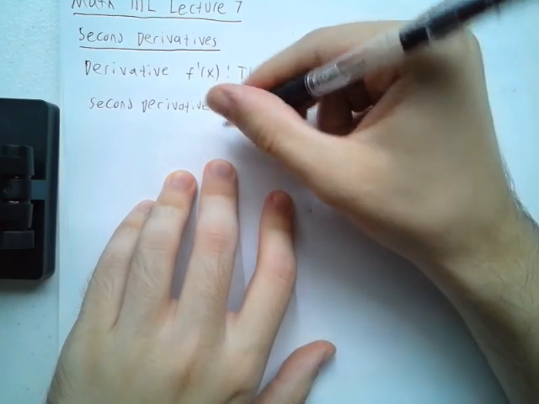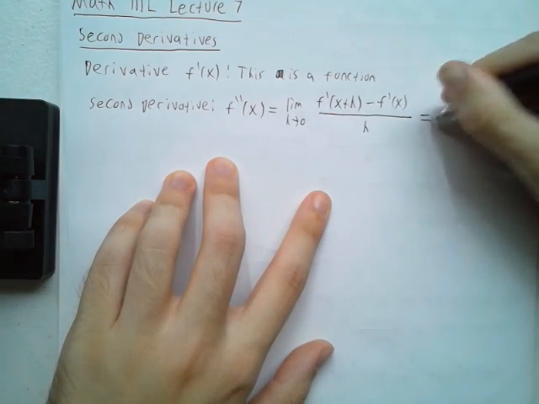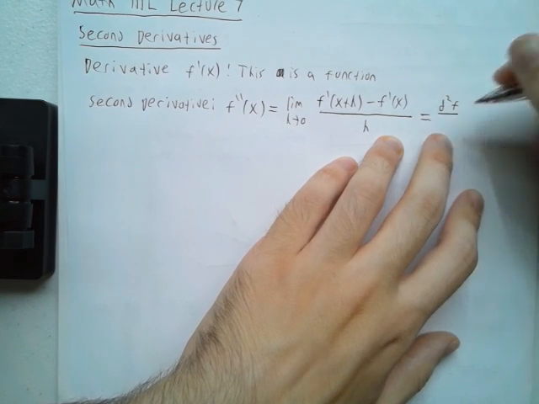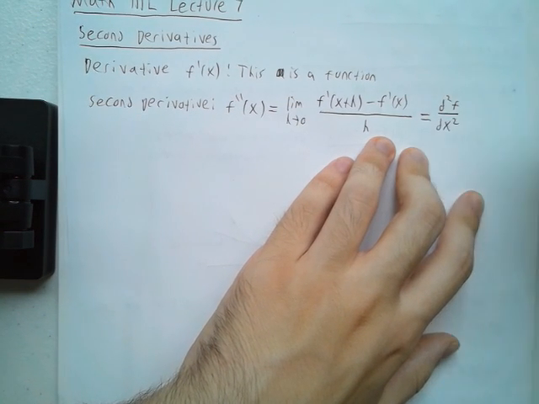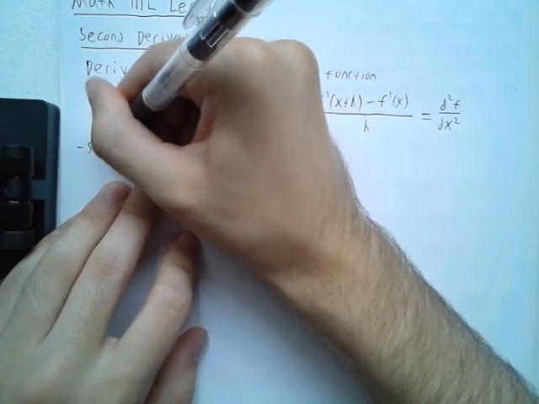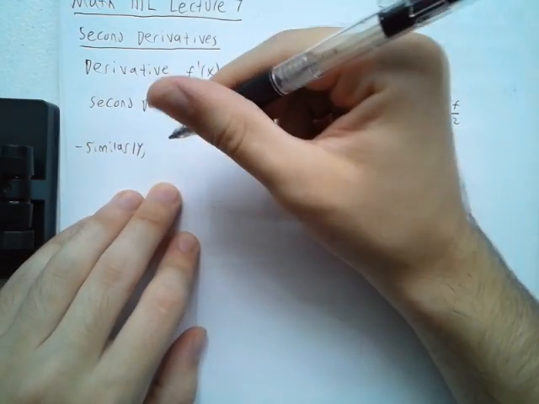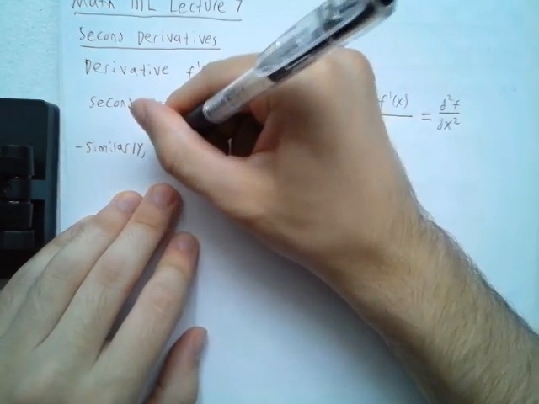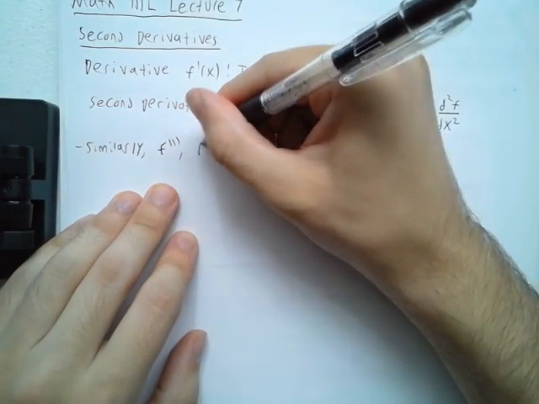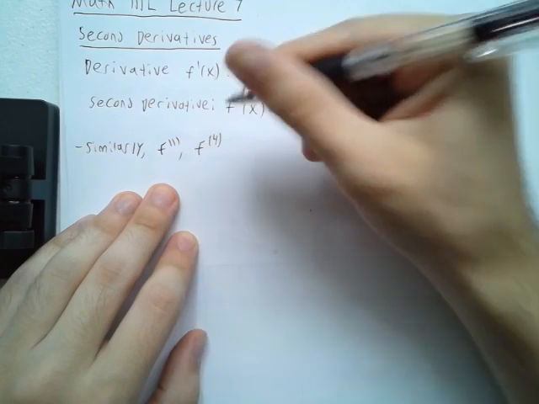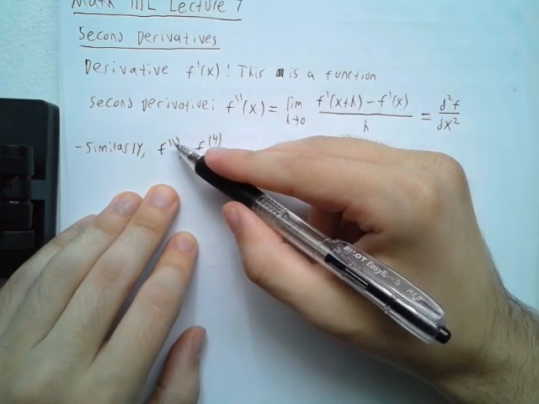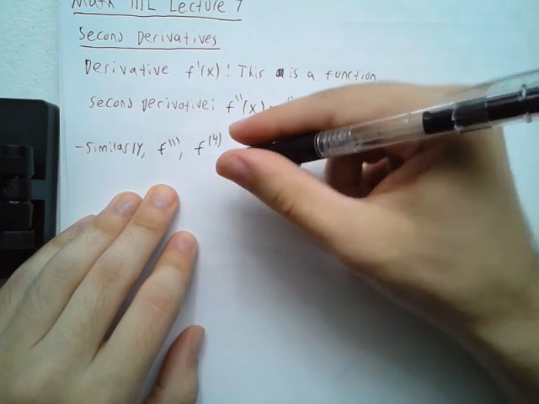And other notation for the second derivative, if we want to use the Leibniz notation, we would write d squared f by dx squared. And similarly, we can have the third derivative, which we would write f triple prime. We could have a fourth derivative, which we write as f with a 4 in parentheses, just because it gets tedious to write a ton of primes once this power starts getting higher.